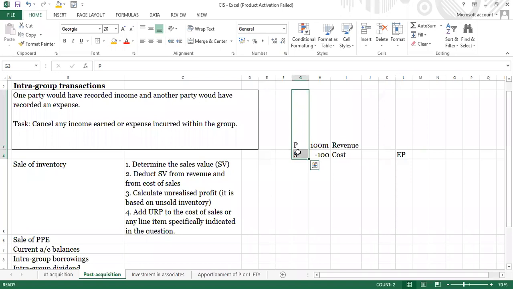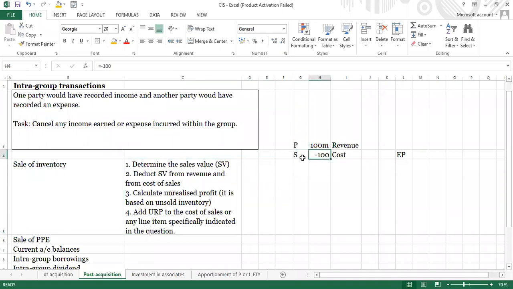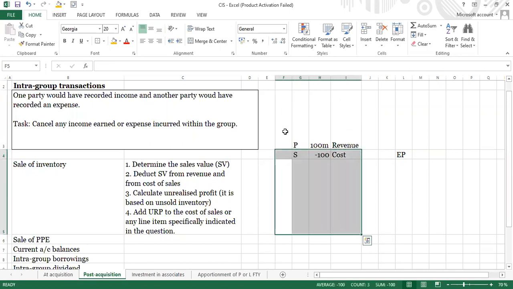So we always calculate unrealized profit based on what they call unsold inventory. That is the amount that S has not sold to an external party. We will illustrate it in a question. So any amount that S has not sold to an external party represents a profit within the group.